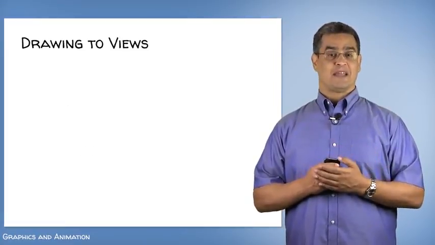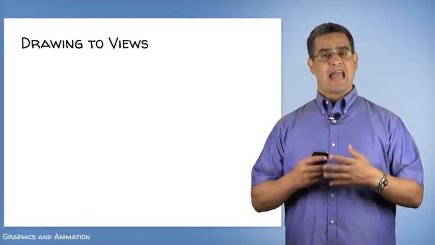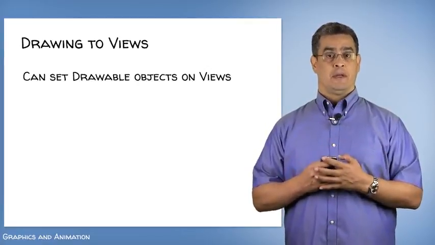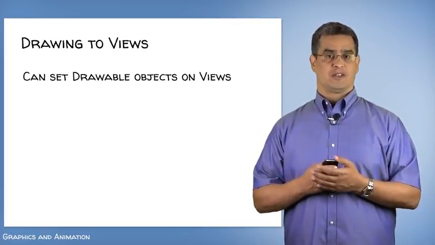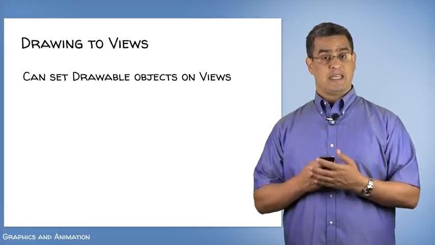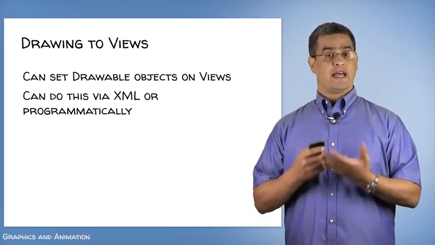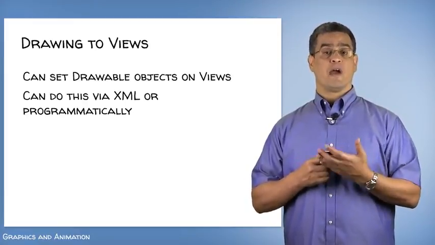In our example applications for this lesson, we'll often create a drawable object and attach it to an image view. And then we'll let the image view handle all the actual drawing for us. As with Android user interface features we've already seen, you can do this via XML files, or you can do it via explicit program instructions.